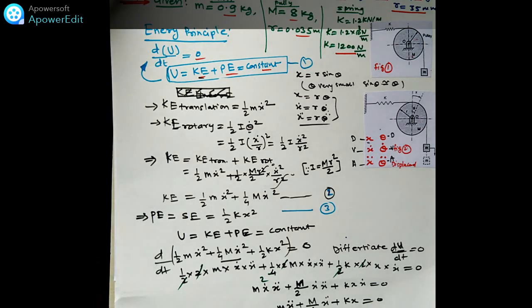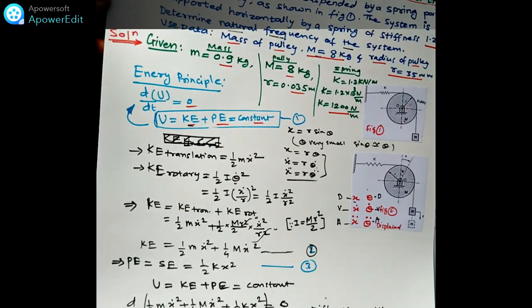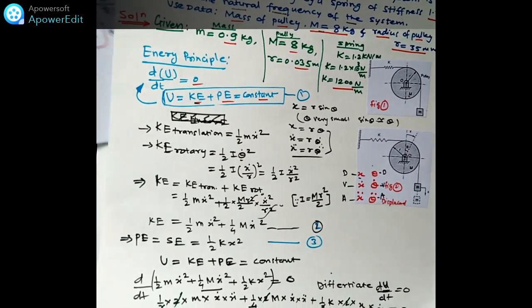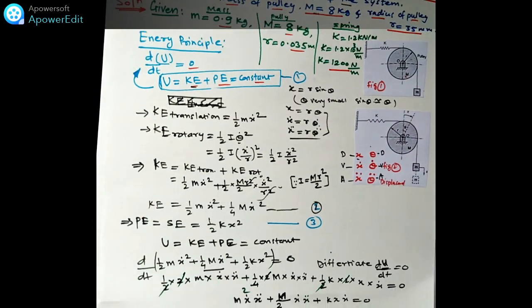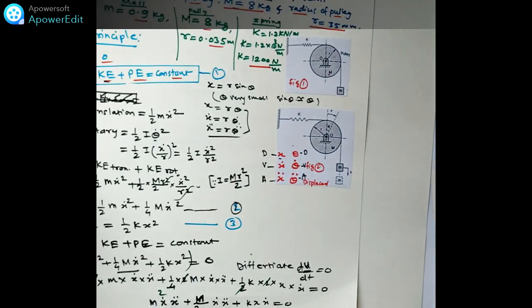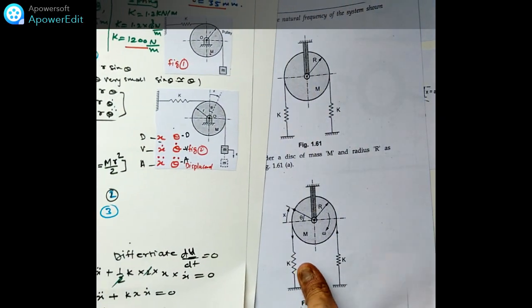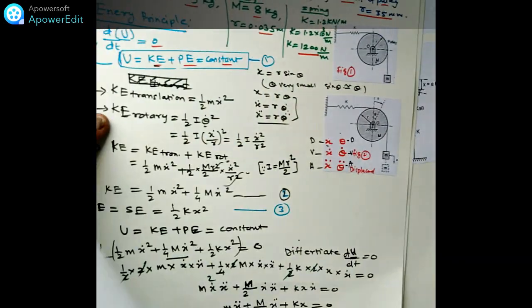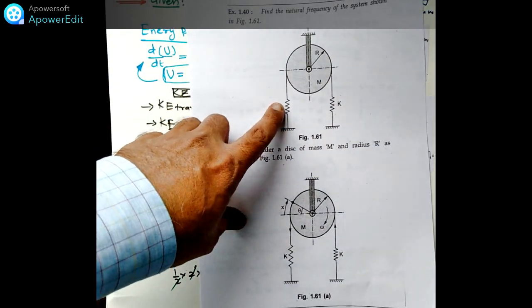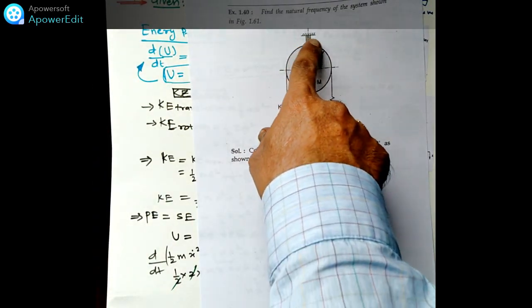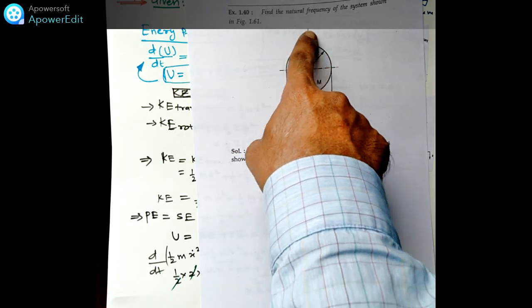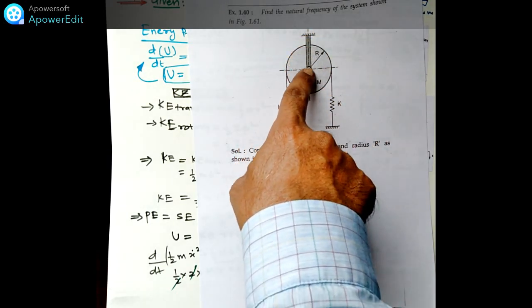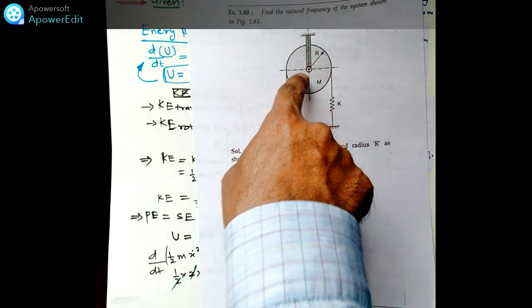So friends, try this numerical at home. It's very easy. One more numerical is there, I will show you for your assignment. These two numericals are there. One more numerical, but you can utilize this one. The same numerical is there. Here the pulley is attached with the fixed end, and here it is rotating inside this.